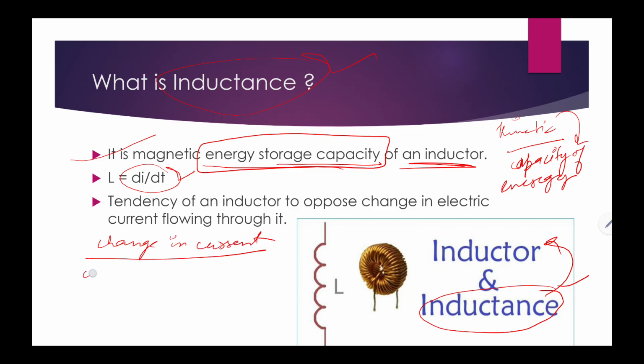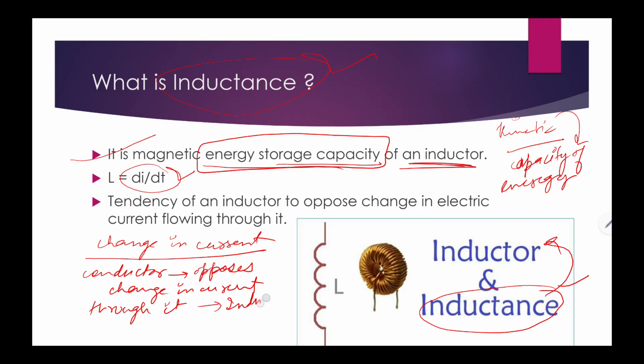When an inductor opposes change in current through it, it is called the inductance of the inductor, right? So what does it mean?